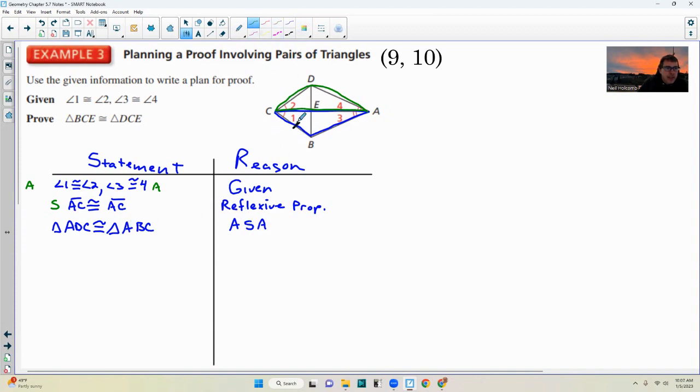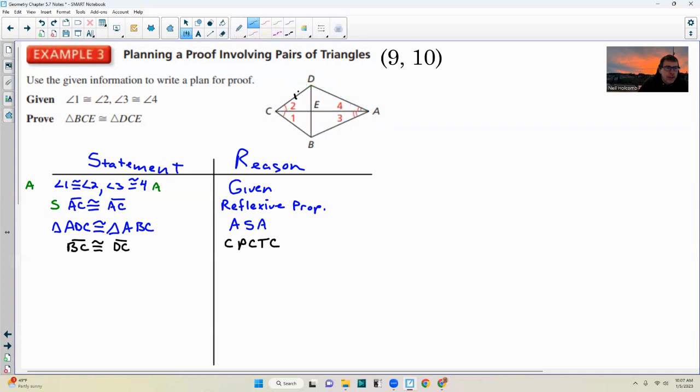So BC will be congruent to CD. So now I can say segment BC is congruent to segment DC. And the reason: corresponding parts of congruent triangles are congruent. Okay, so let me erase this mess.